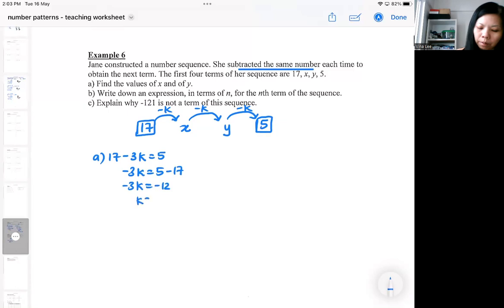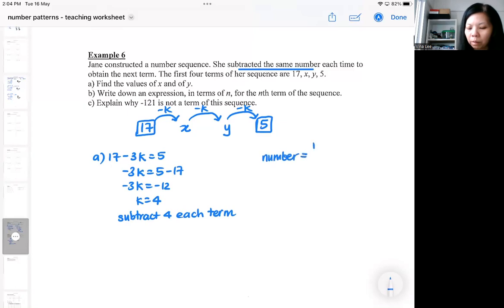I get 4. So that means every time she is subtracting 4. Another way, of course, some of you may be thinking like primary school. What is that number that she keeps subtracting? Some of you might just do this and divide by 3. So that will work as well. So she's subtracting 4 each time.